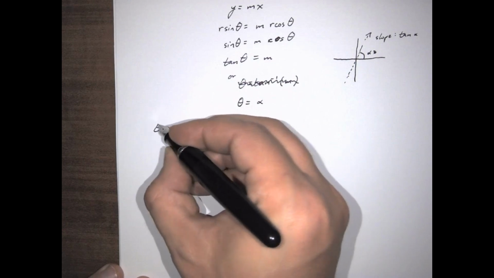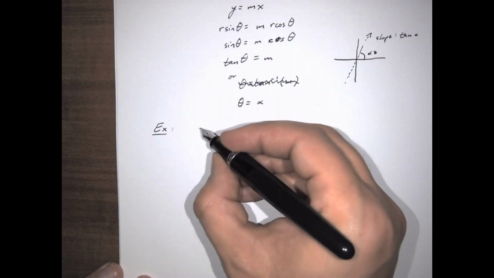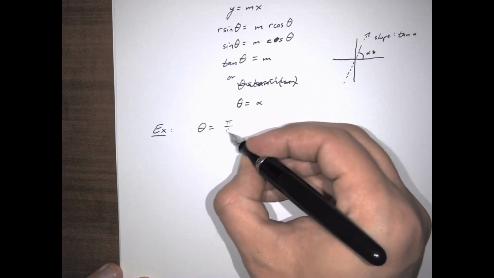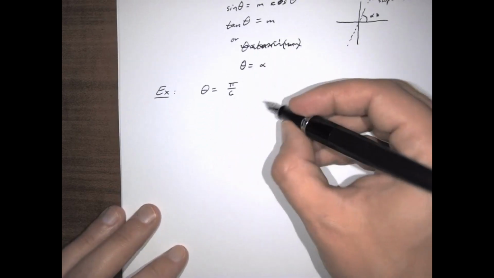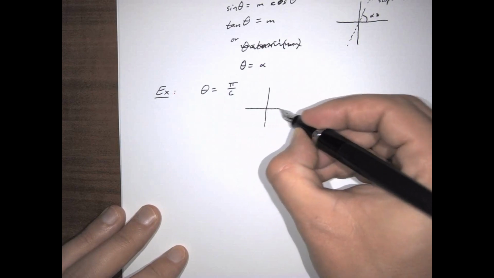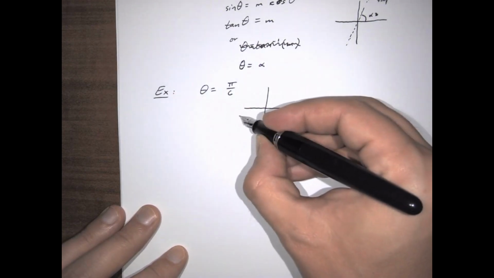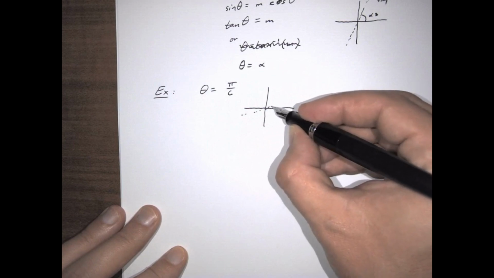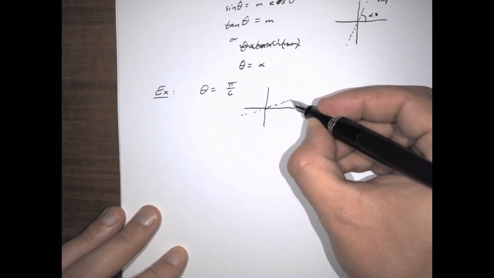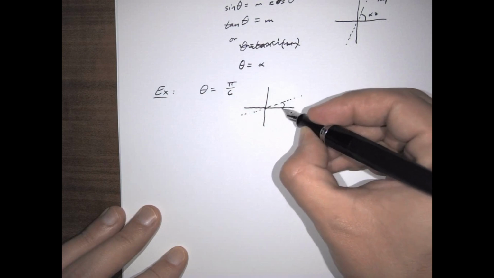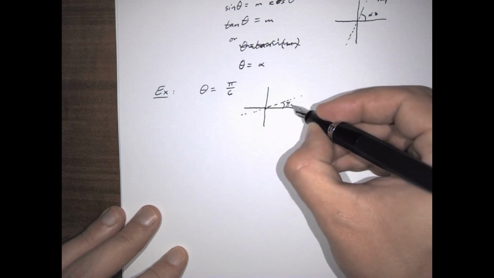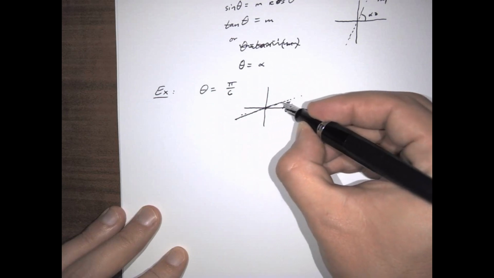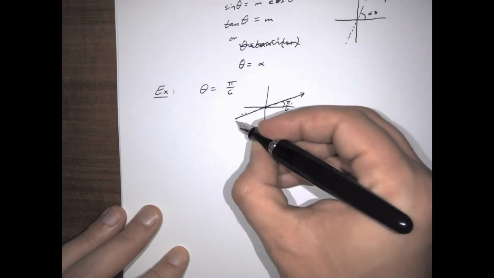So as an example, let's say theta equals pi over 6. So that would be a line that is made up by taking the slant that goes through the origin, and it looks like that.